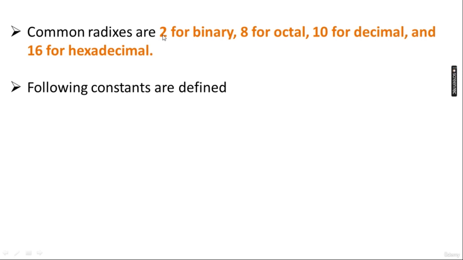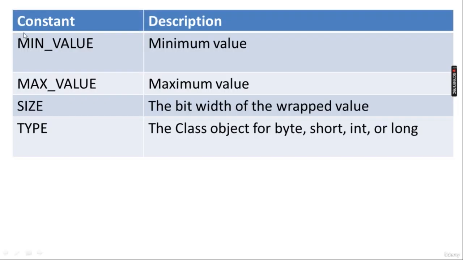Okay, now we will see those constants: MIN_VALUE, minimum value, MAX_VALUE, maximum value, SIZE, width of the wrapped value, and TYPE, the Class object for byte, short, int, or long.